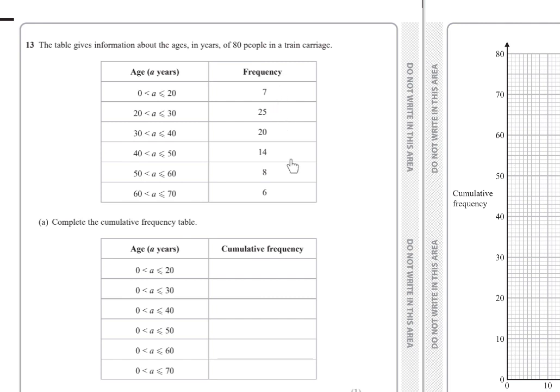So from the frequency table, to complete the cumulative frequency table, first write the first value, which is 7, then add 7 plus 25, 32, 32 plus 20, 52, then 52 plus 14, 69, then 69 plus 8, 74, then 74 plus 6 equals 80.